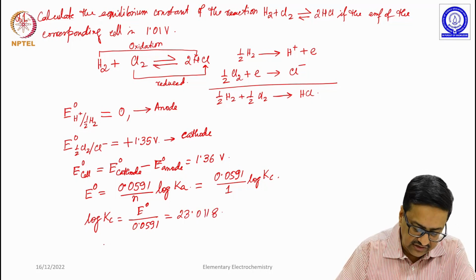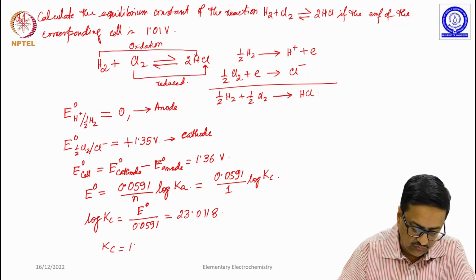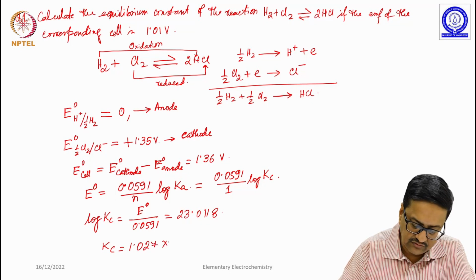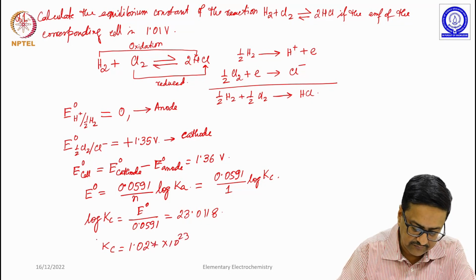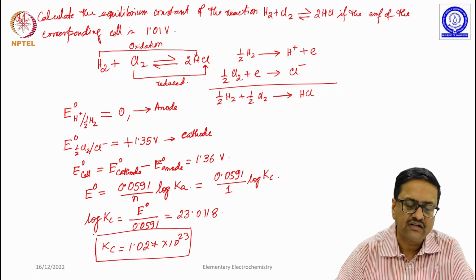So one can easily calculate the value of Kc as 1.027 into 10 to the power 23. So that is the equilibrium constant for that particular reaction.